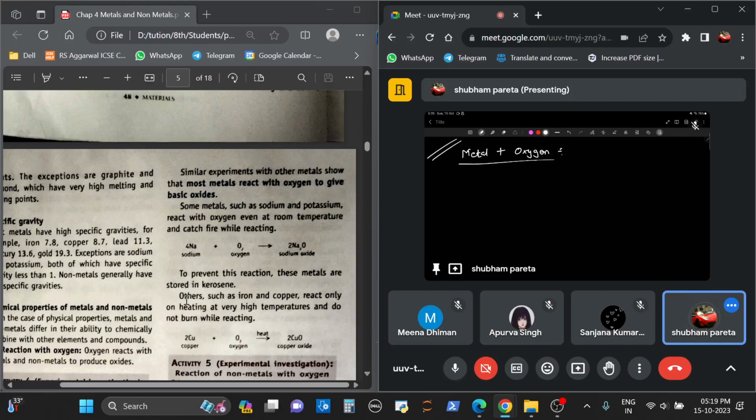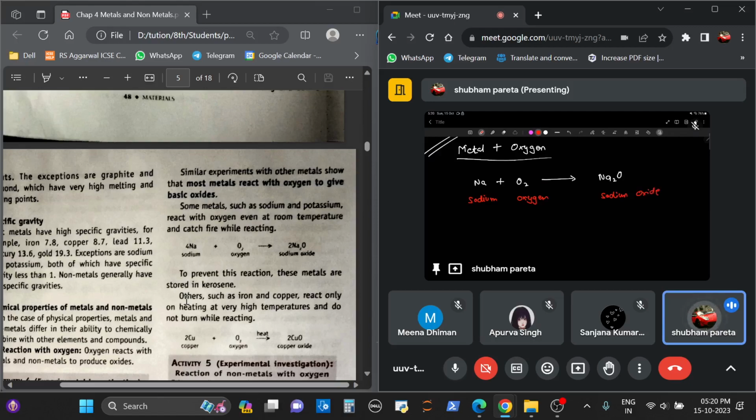For example, when I combine sodium plus oxygen, you get Na2O, that is sodium oxide. In the examination you have to write it like this: sodium, oxygen, and sodium oxide.